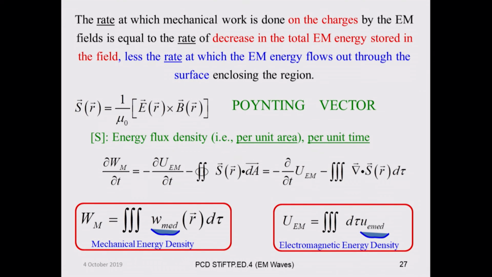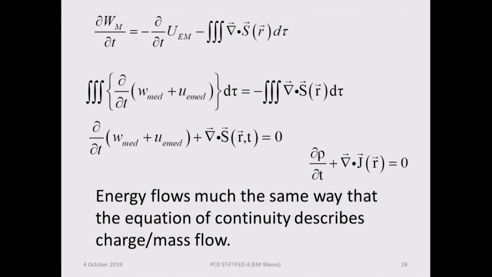And essentially what you get is that the time derivative of the mechanical energy density and the electromagnetic energy density plus the divergence of the Poynting vector goes to 0.